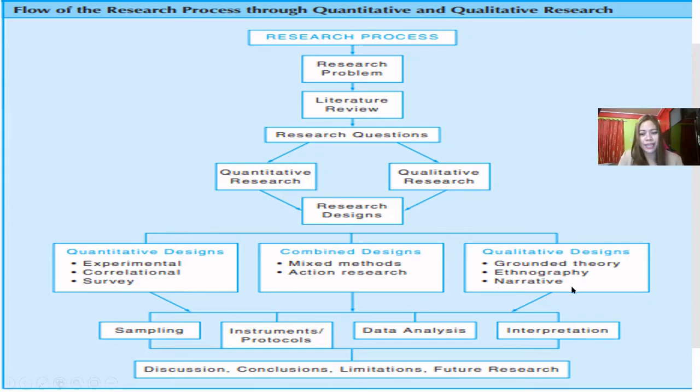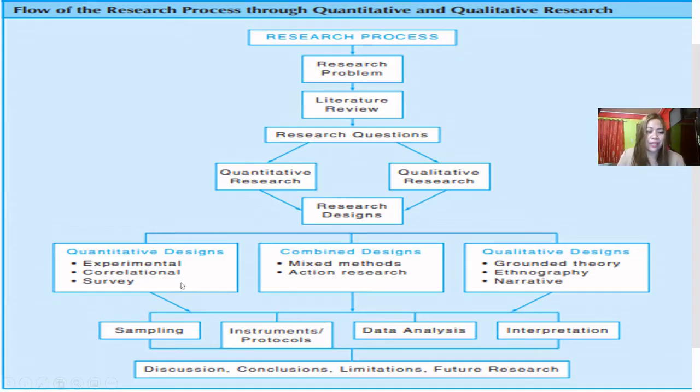For qualitative design, we have grounded theory, ethnography, narrative, or sometimes they call it phenomenological. And we also have mixed methods and action research designs. Whatever methodology you choose, you need to see what is the most appropriate methodology in achieving the purpose of your study.